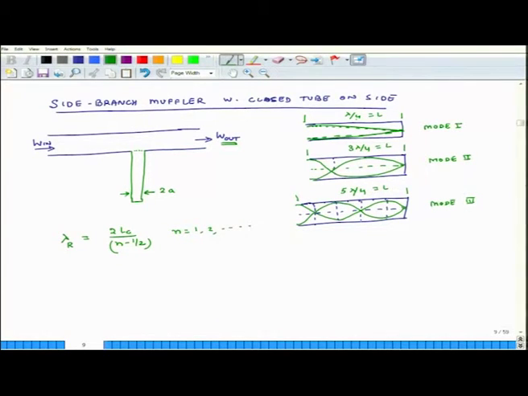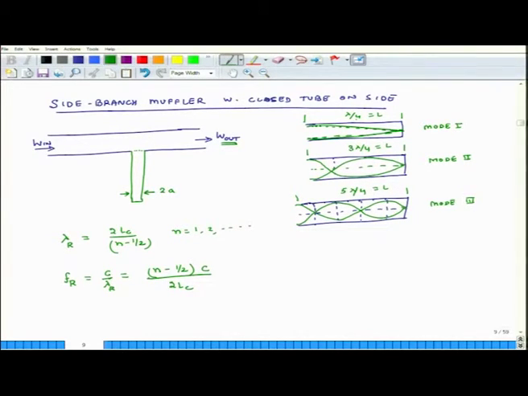So, if n is equal to 1, then the wavelength at resonance is 4 L_C, 4 times the length, and the associated resonance frequency is c over lambda_r, and that equals (n minus half) times c divided by 2 L_C.